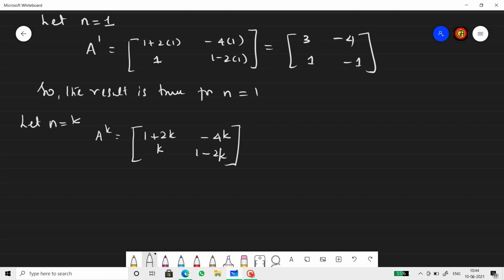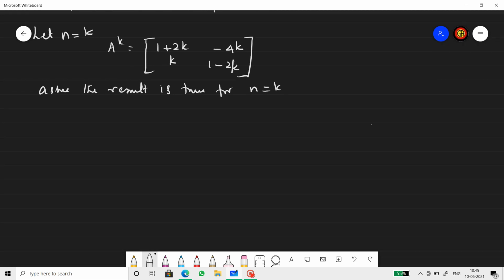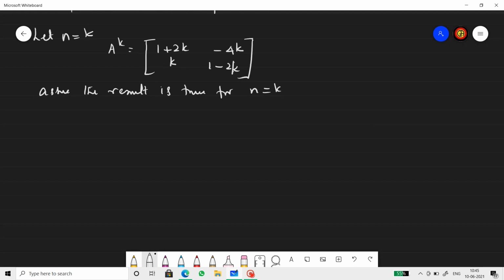Right? Now, assume the result is true for n equals to k. Okay, now since we assumed that n equal to k is true, we have to prove k plus 1 is also true, right? So let n equals to k plus 1.